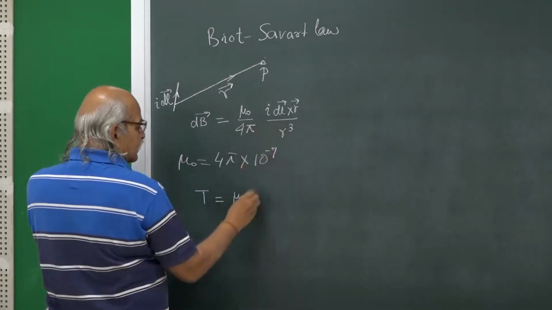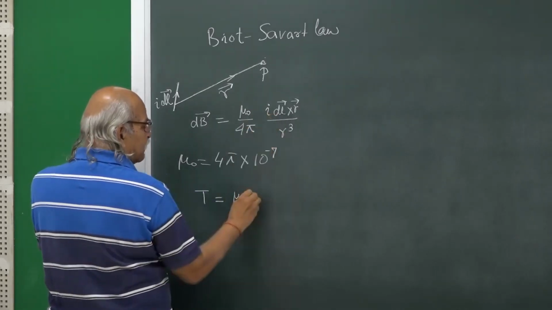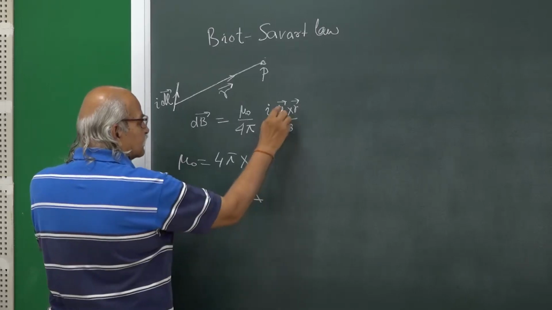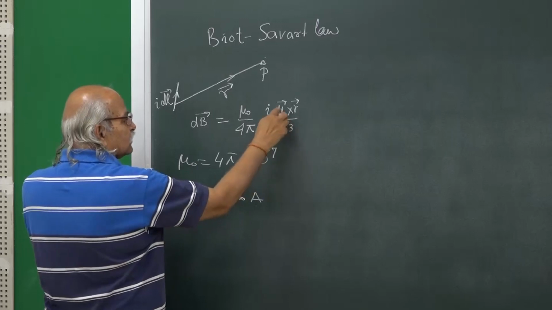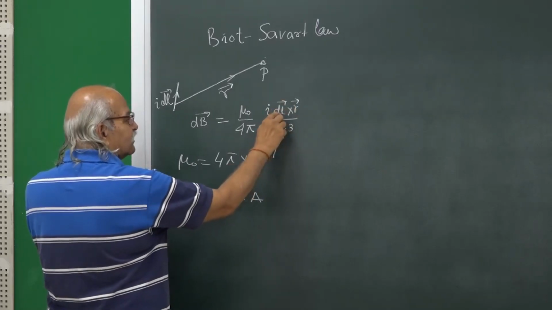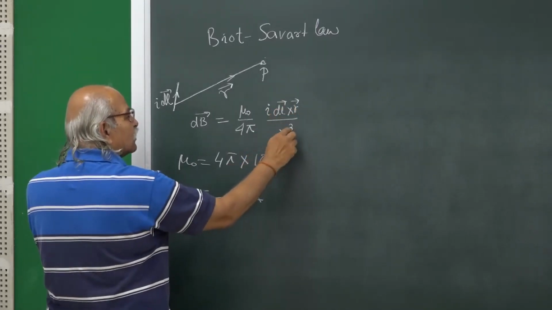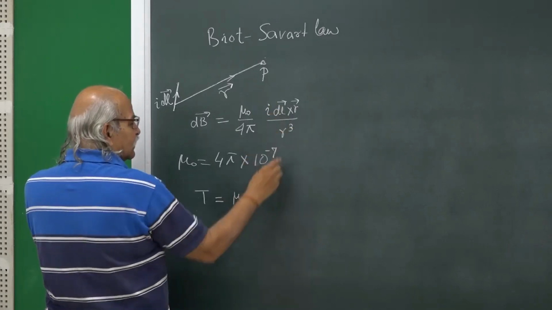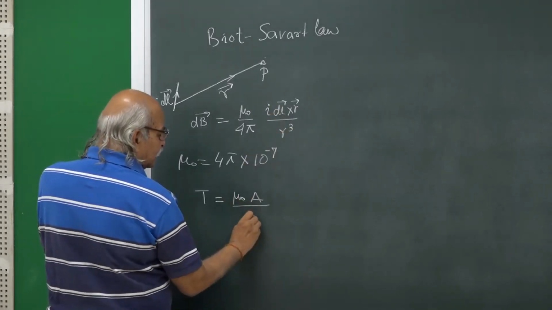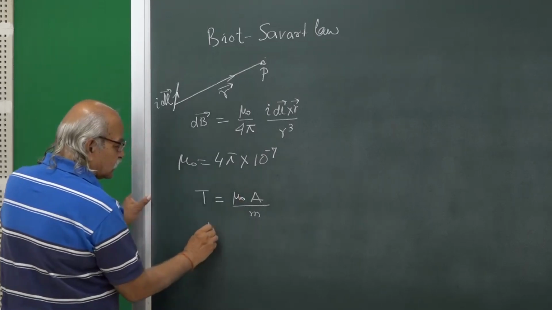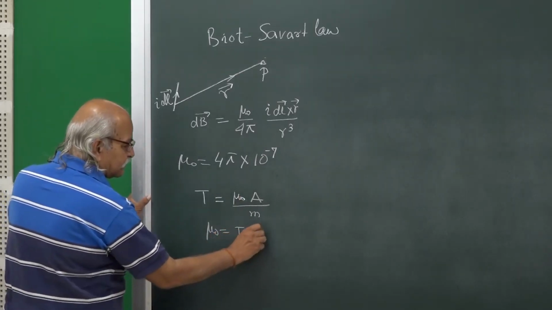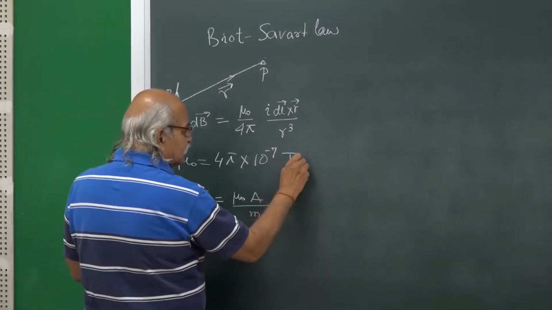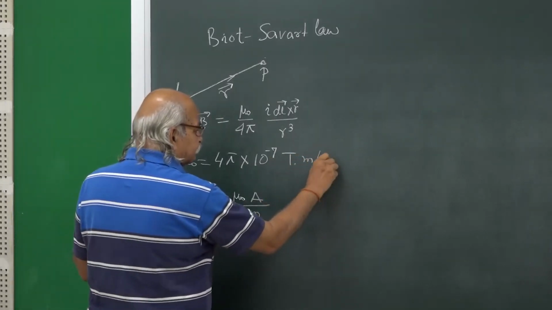Then I is the current, which will be in ampere, and then length, length and length cube. So, dl is a length, r is a length, r cube is cube of the length. So, it is 1 by length. So, this mu naught, the unit will be Tesla meter per ampere.